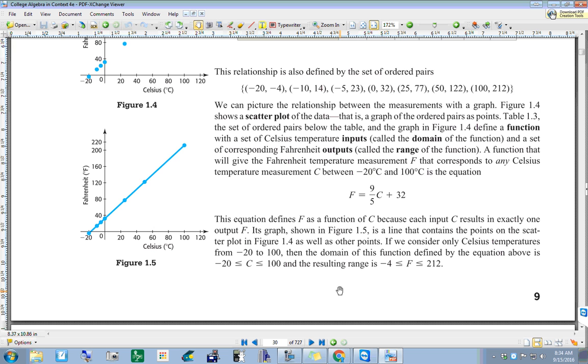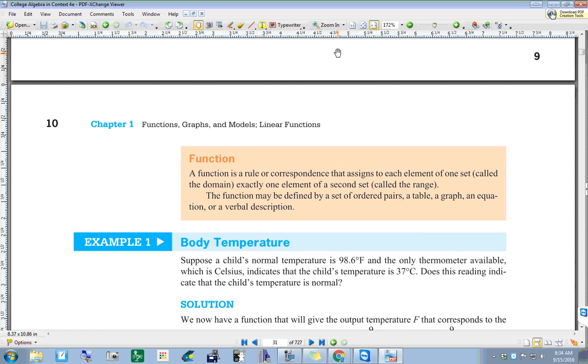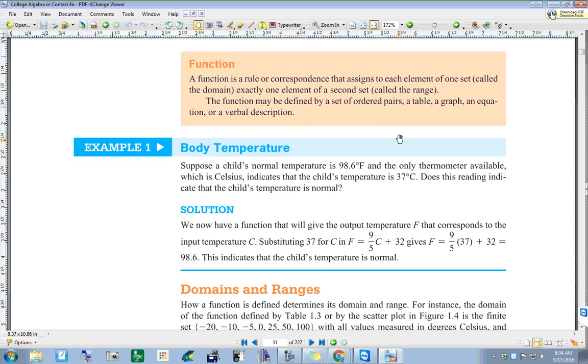Like I said before, these beige boxes, make sure that you get this information and you know what it is. Now, it says a function is a rule or a correspondence that assigns each element of one set, called the domain, exactly one element of a second set, called the range.